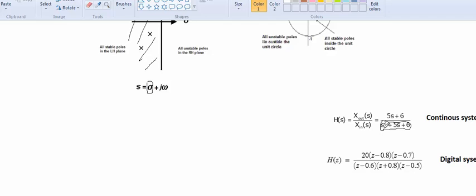If the roots of this denominator are in the left-hand side, because this is a continuous system and this is a discrete system, so sigma is negative and the system is stable.